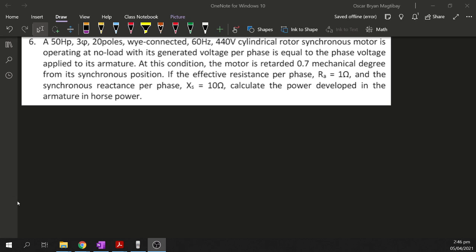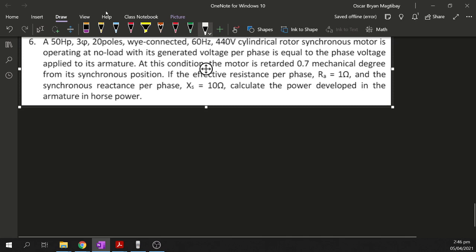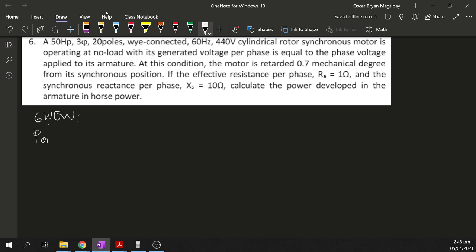So maraming mga items dito pero ipaparticular ko lang kung ano yung mga possible nating gamitin base sa problem na to. Paano ba natin atakihin ito? So in our given, sa atin is the power output which is equal to 50 horsepower.